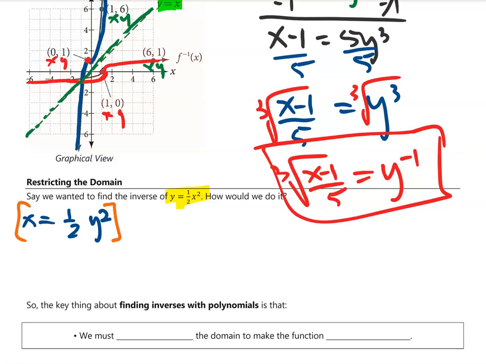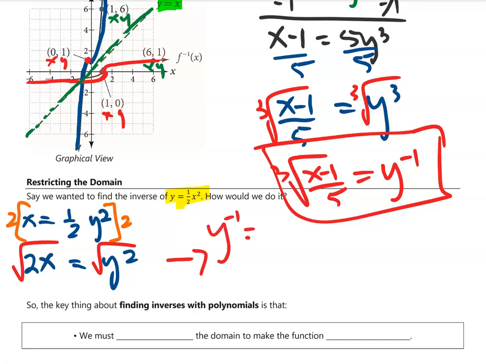So first you can multiply both sides by 2. So this is now 2x is equal to y squared. To get rid of the square, you square root both sides, so that y, which is the inverse, is equal to the square root of 2x, plus or minus.